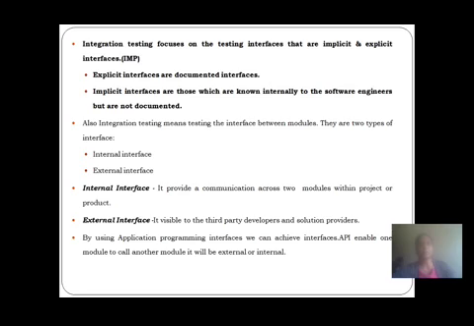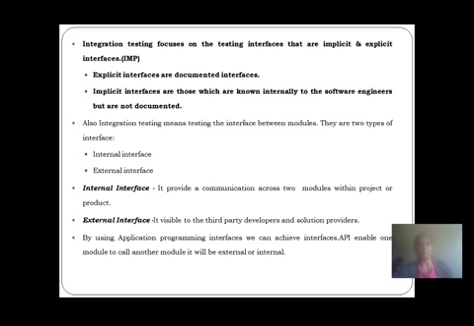So these are the interfaces which are provided by integration testing. What are the interfaces? First we consider the two basic interfaces provided by integration testing, the explicit interface and the implicit interface. Explicit interfaces are those interfaces that are documented, and implicit interfaces are those which are known internally to the software engineer but are not documented.